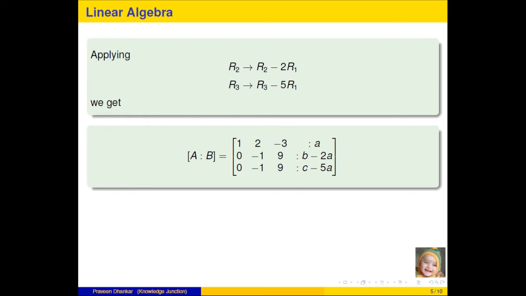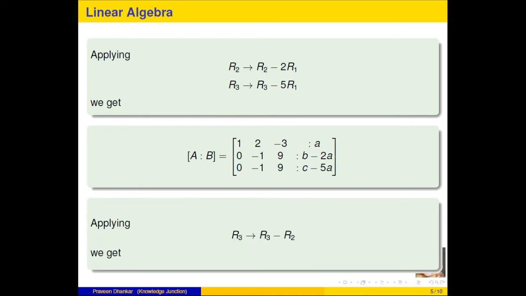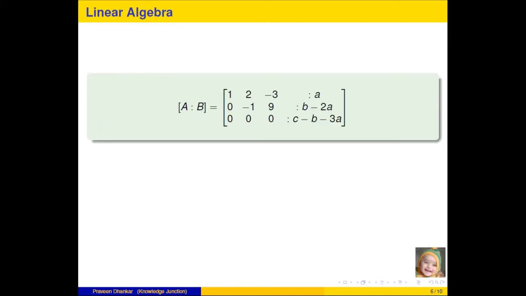Now again we apply R3 minus R2 on R3. So we get 1 2 minus 3 a, 0 minus 1 9 b minus 2a, 0 0 0 c minus b minus 3a.